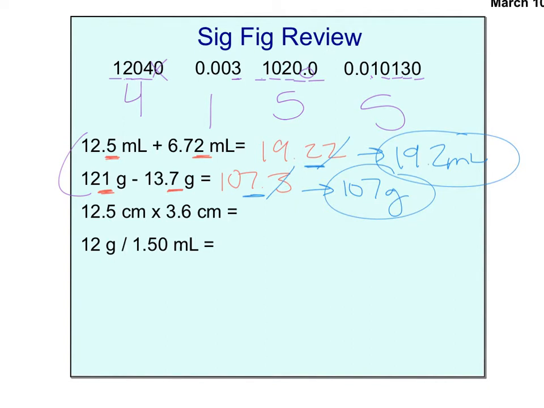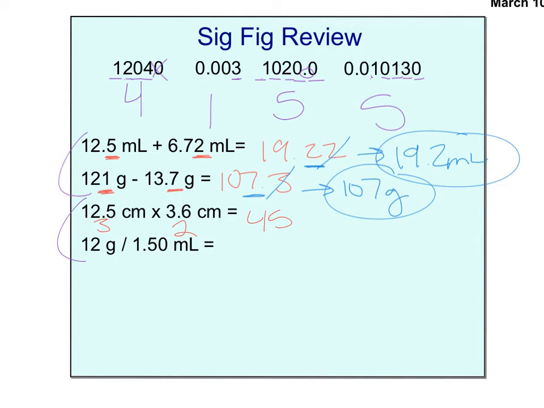All right, now the next two are multiplication and division, which is a totally different rule. For multiplication and division, it's all about how many sig figs there are. Here we've got 12.5, which has 3 sig figs, and 3.6, which has 2. When you type 12.5 times 3.6 into your calculator, you get 45.